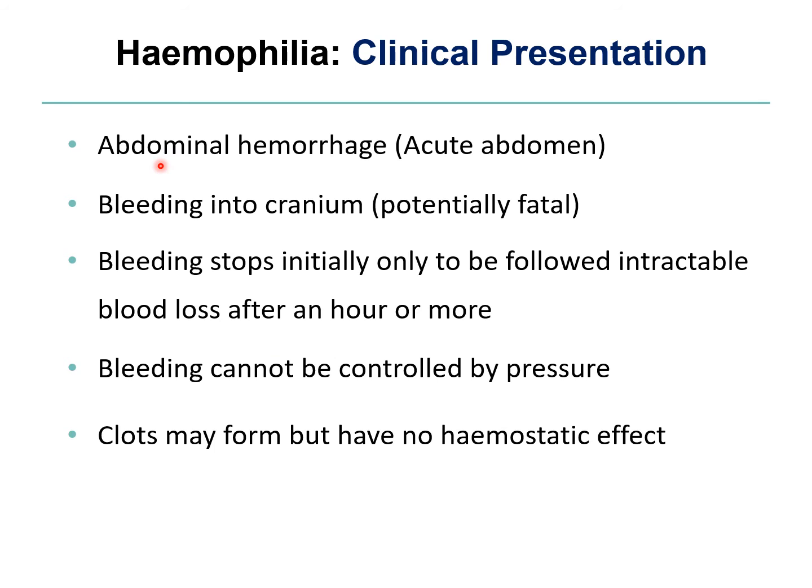Hemophilia can have a variety of manifestations clinically. It can present as an acute abdomen due to abdominal hemorrhage. There could be bleeding into the cranium, which can be potentially fatal. Bleeding stops initially, only to be followed by intractable blood loss after an hour or more. Now, why does the bleeding stop initially? Because if the platelet function is normal and a platelet plug forms, that would cause initial arrest of bleeding.